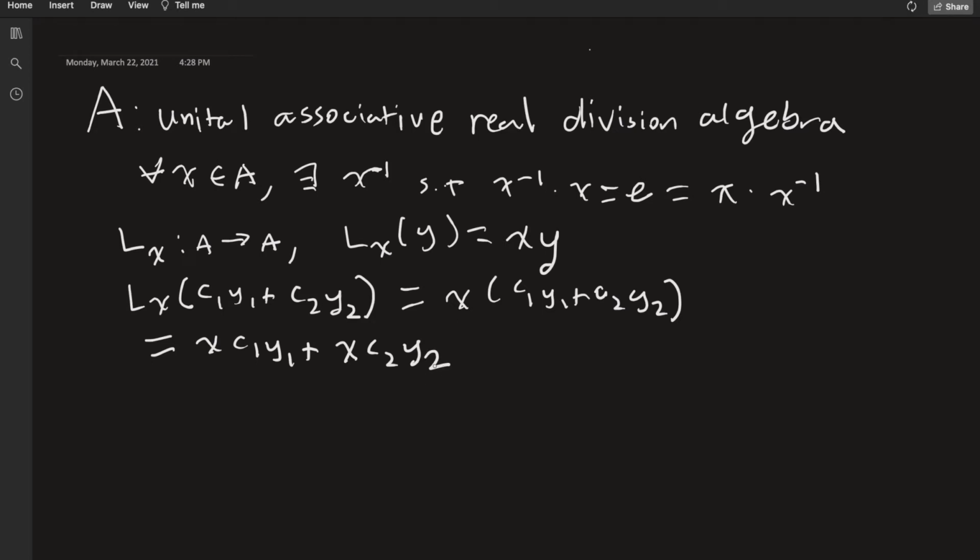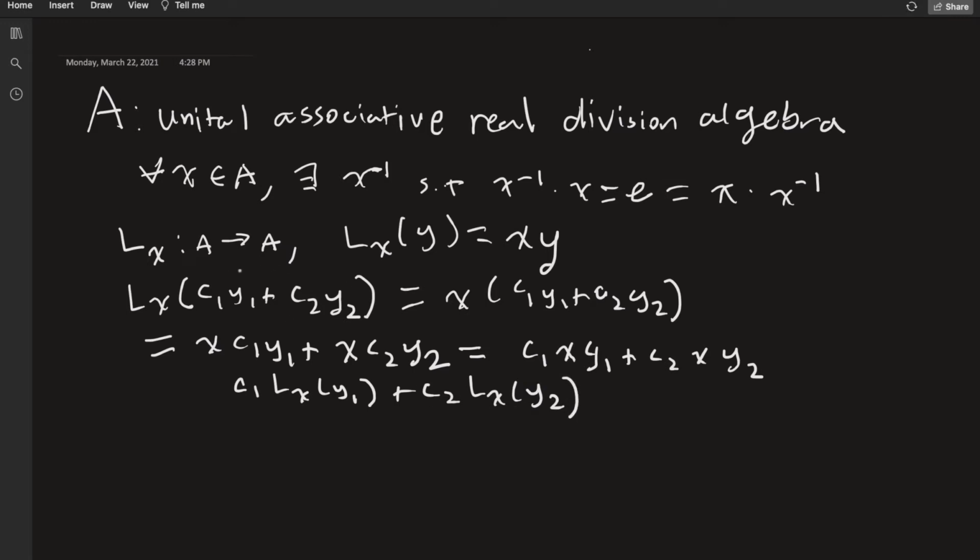And then we use the axiom of homogeneity to move these scalars c1 and c2 to the left-hand side. And we can see that this is nothing but c1 Lx of y1 plus c2 Lx of y2.